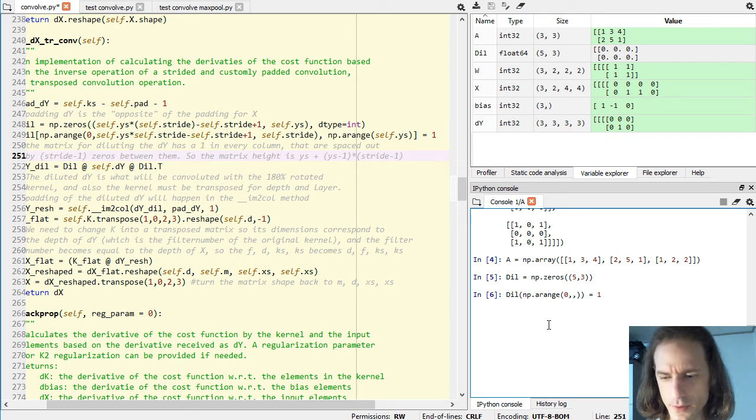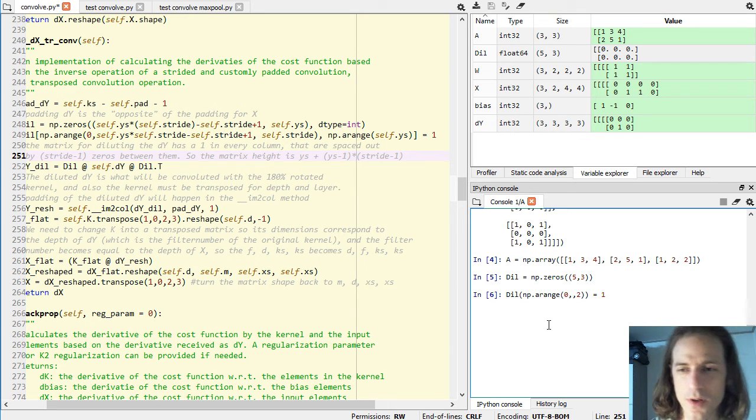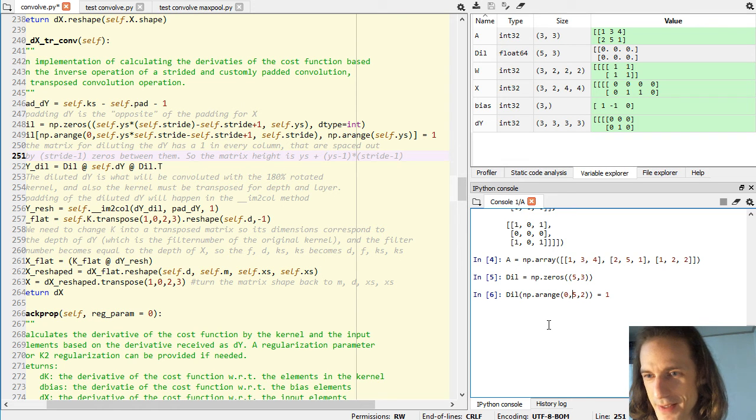The stride is going to be 2, and the y size in this case is 3, so 3 times 2 is 6, minus stride, that's 4, plus 1, that's 5. So this is basically the same as this 5 here. Why do I have these brackets here? These brackets make no sense. Anyways. Okay, let's do this.